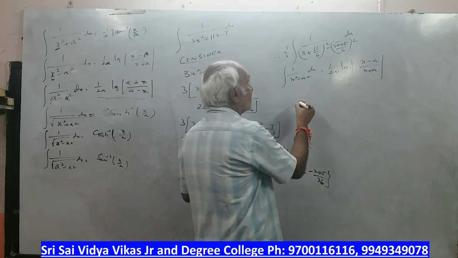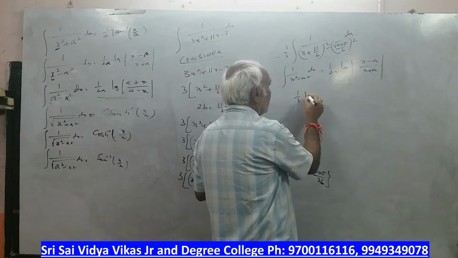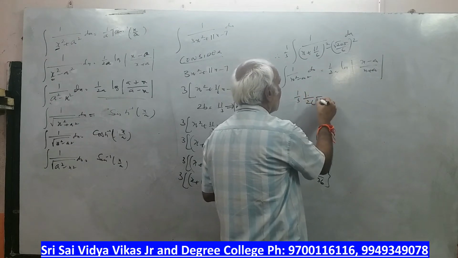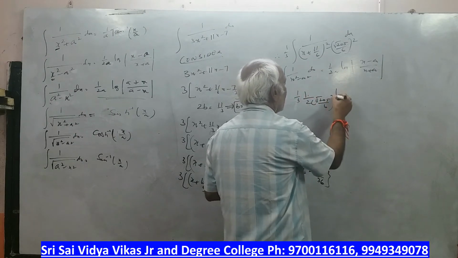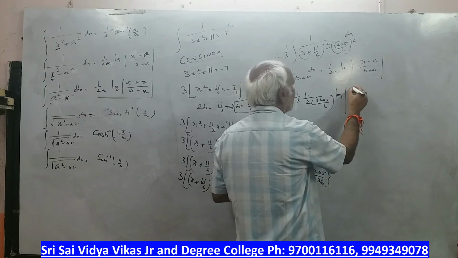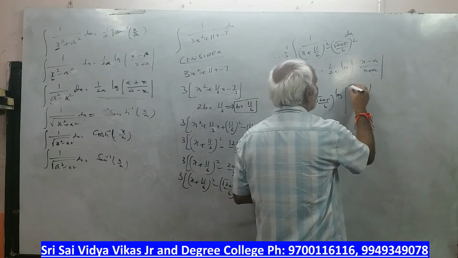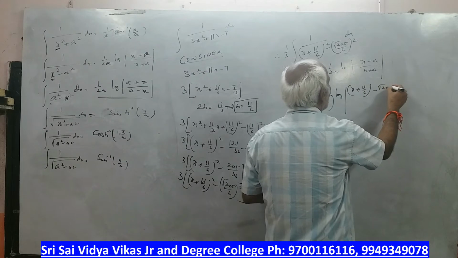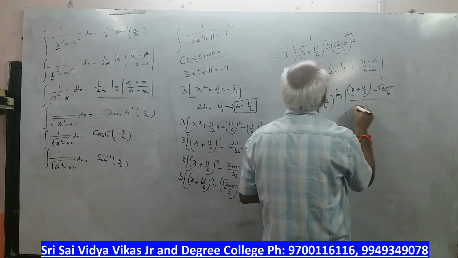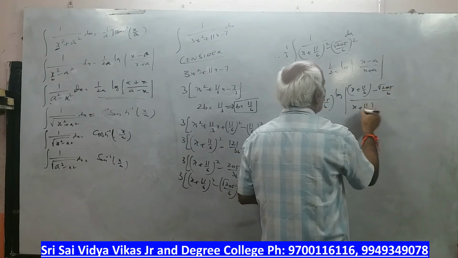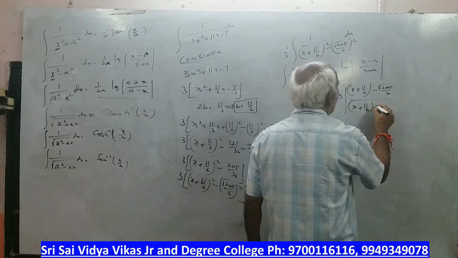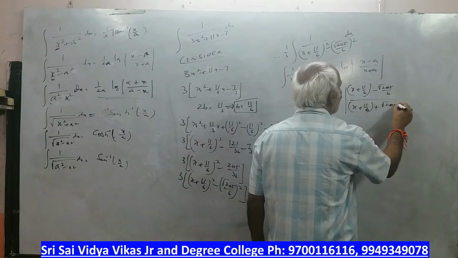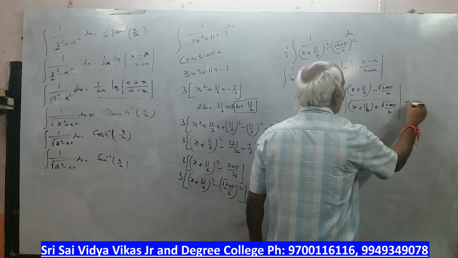So what will happen? 1 by 3, 1 by 2a log of x is what, sir? Minus root 205 by 6 by plus c. Right?